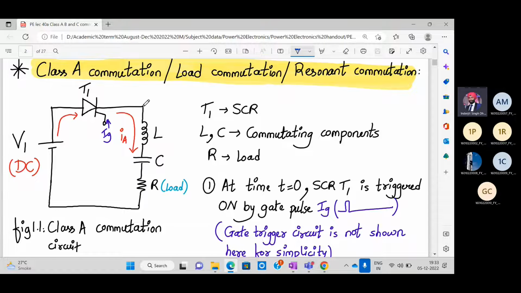This I have taught you for the exam, but other than this, you have light triggering also. That's what I'm informing you right now. These are called light activated SCRs. That is out of scope, but it is one more technique. Here we are following gate triggering, which means we apply the gate pulse to turn on the device. All right.